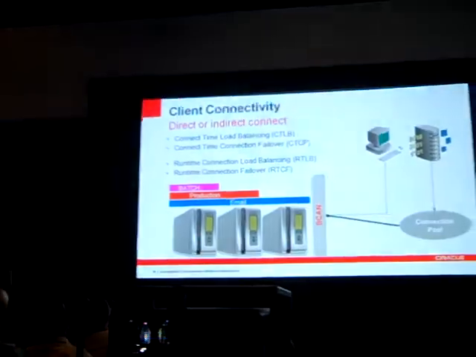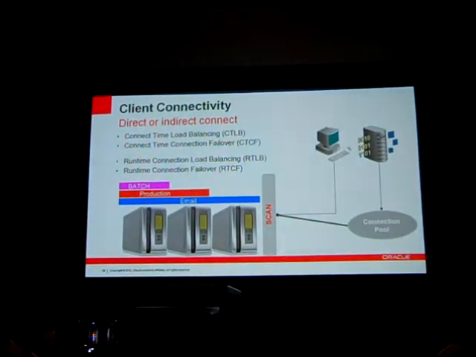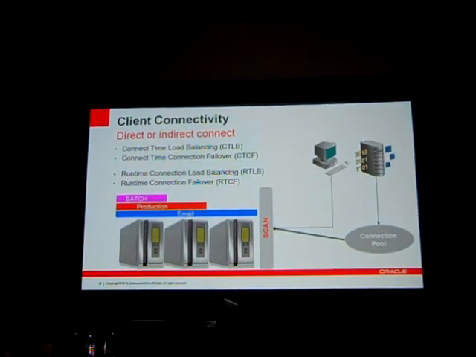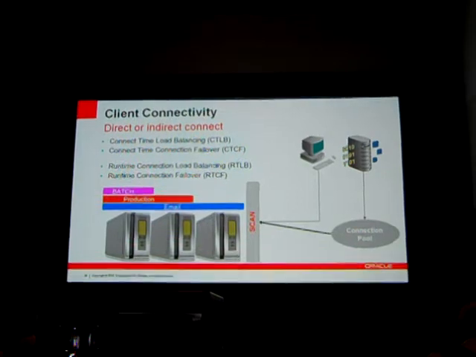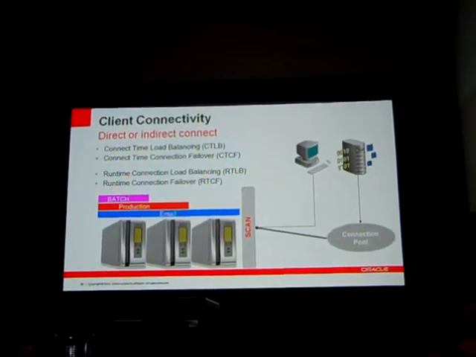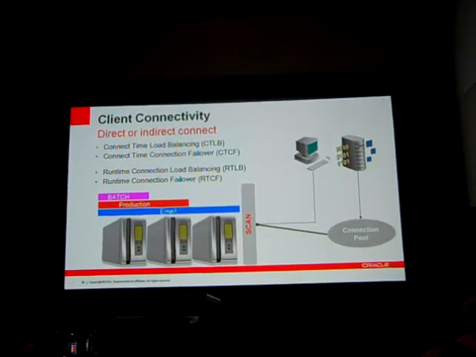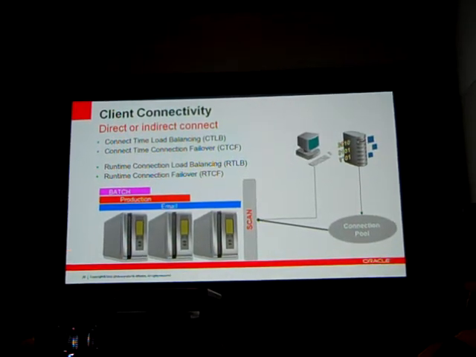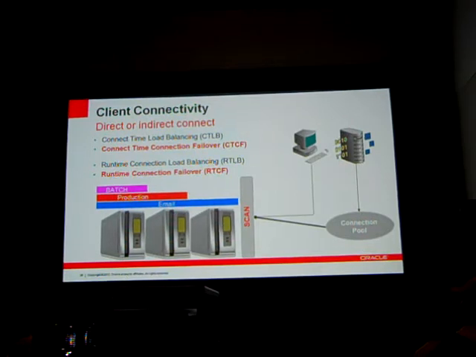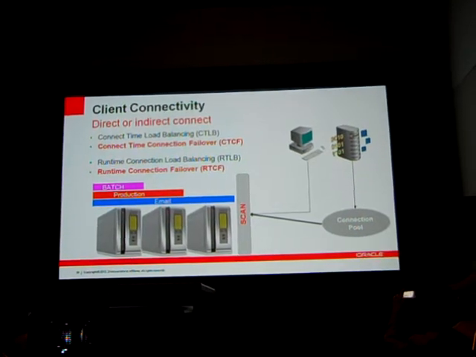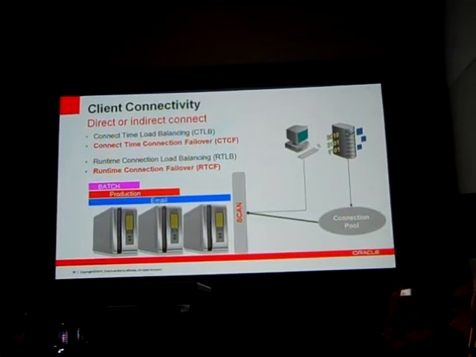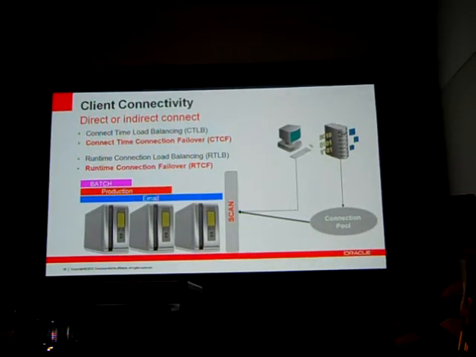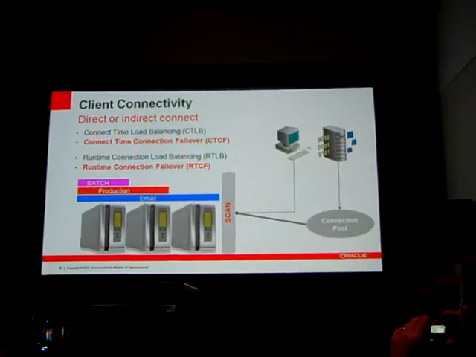The other two aspects are runtime related: runtime connection load balancing and runtime connection failover. What if you made a connection and now you want to reshuffle this connection, either because there are capacity issues or because something failed? This is more complicated. However, I will not focus on these areas today due to time.